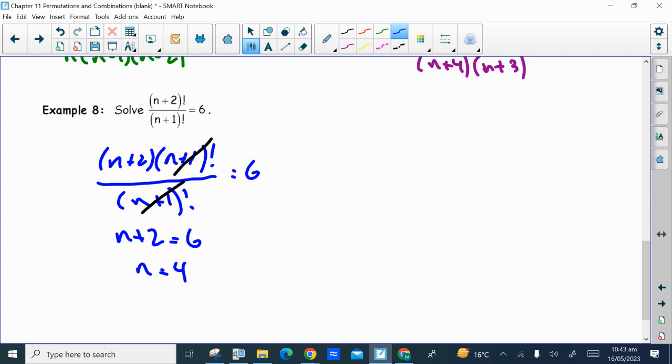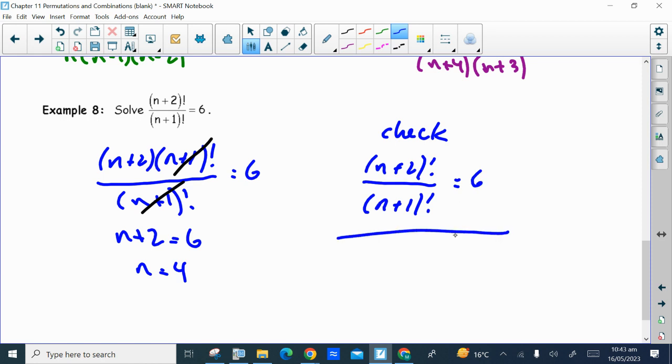And we can check this. Again, if we start with the original equation, n plus 2 factorial over n plus 1 factorial must equal 6. So when n is 4, you'll have 4 plus 2 factorial over 4 plus 1 factorial.